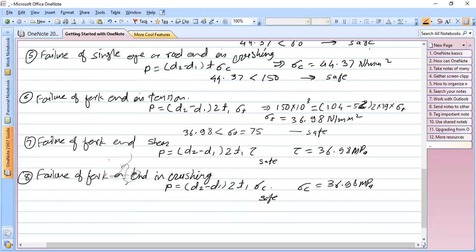This is the design procedure for the knuckle joint. Now at last we have to give one statement.